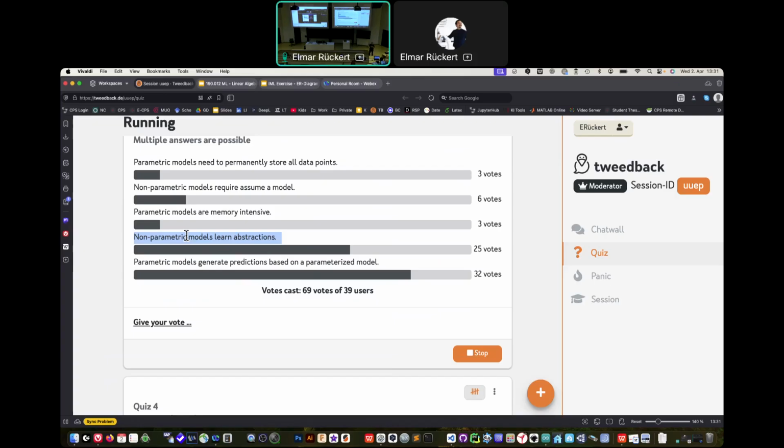So a more general form of information that could transfer to different questions, problems, predictions. So I would say this answer is correct. I count it as correct, but it's a bit tricky because normally we say abstractions are given by the model itself. We assume a model and the model itself implements these abstractions. But it might be that your non-parametric model is also learning abstractions, your data-driven approach.